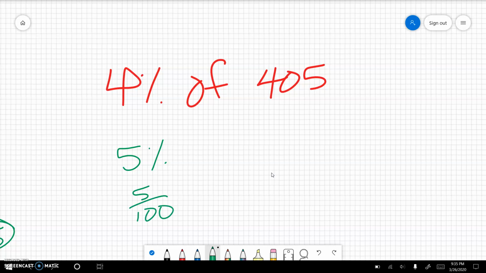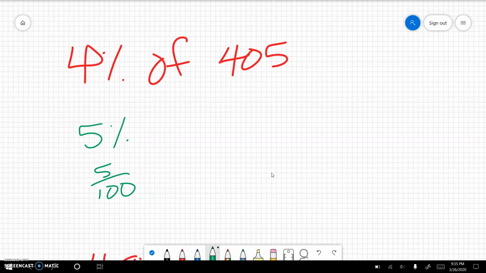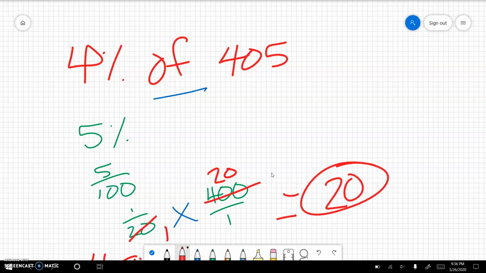If I simplify that, I'm going to get 1 over 20. And of means times, so I'm going to times 1/20 times 400 over 1. So if I simplify, 20 goes into 20 once, 20 goes into 400 20 times. 1 over 1 times 20 over 1 would give me 20.